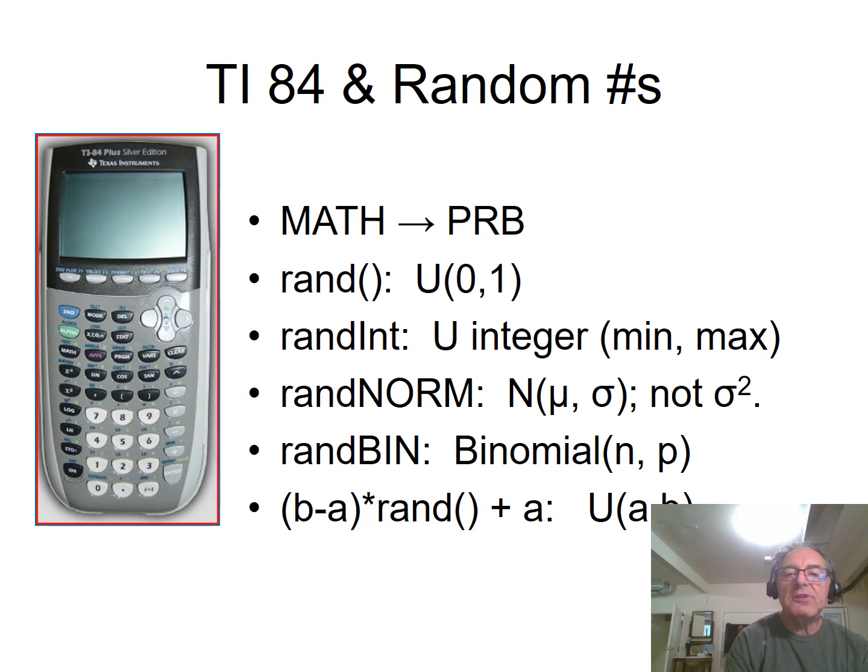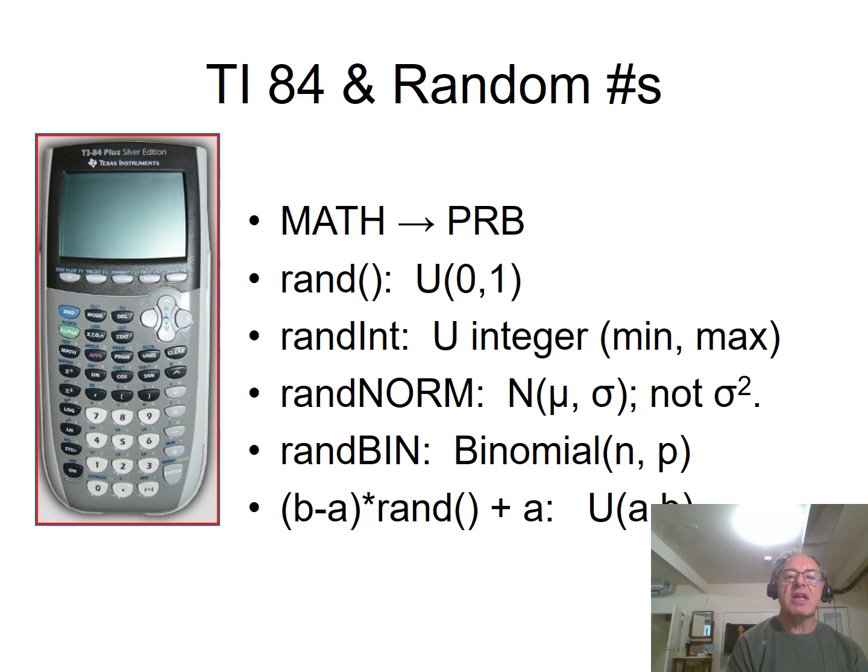If you don't want to use Excel, the Texas Instruments TI-84 allows you to do some random number arithmetic. You go to the MATH function, then PRB.